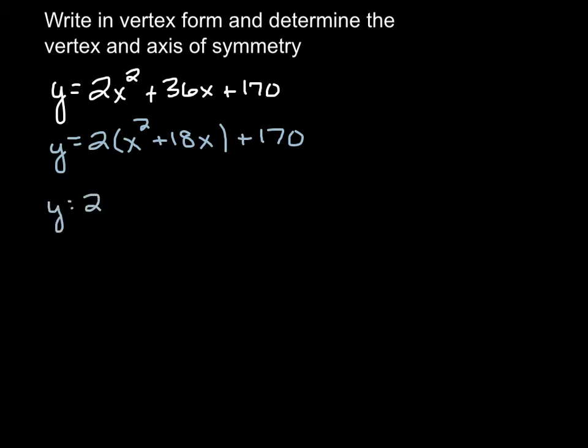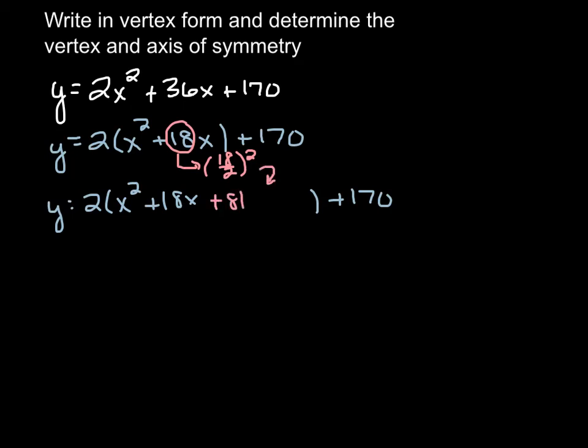So now we're going to take our middle term, divided by 2, then square it. 18 divided by 2 is 9. 9 squared is 81, so I'm going to add 81 and subtract 81 inside the parentheses. Now I didn't change my equation, I just wrote it differently.